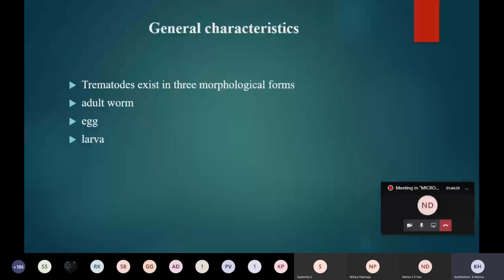Coming to the general characteristics, trematodes exist in three morphological forms: adult worm, egg, and larval stage.